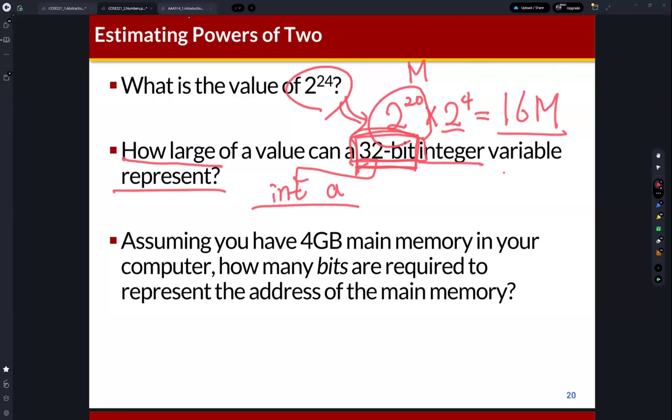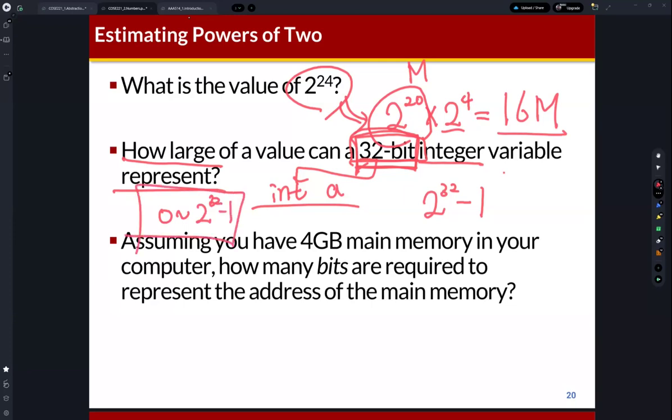Then what is the maximum number that can be represented as integer data type? It's 2 to the power of 32 minus 1. It's because we can represent 0 to 2 to the power of 32 minus 1.